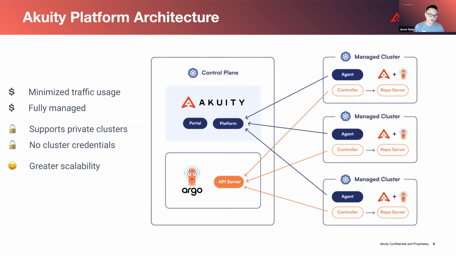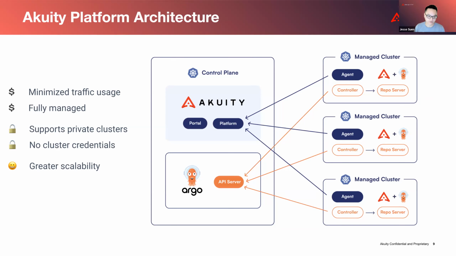And finally, we've increased the scalability characteristics of Argo CD, because we essentially are distributing the workload amongst individual clusters. So with this, you don't ever worry about things like sharding and scaling, because now everything is happening at the source.